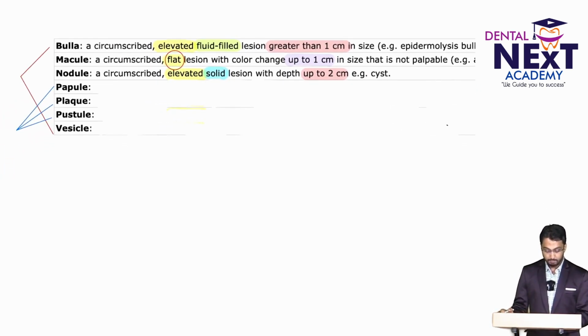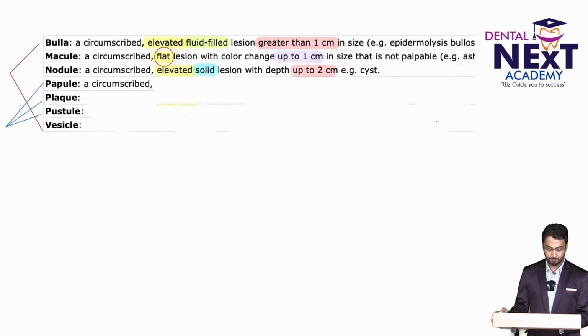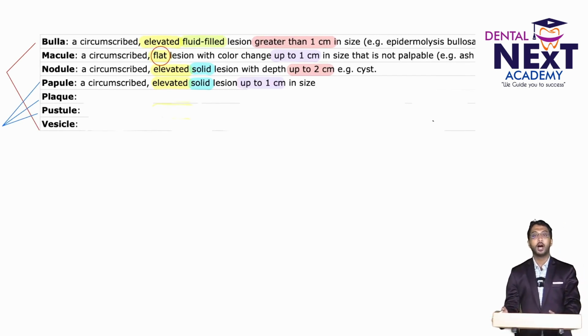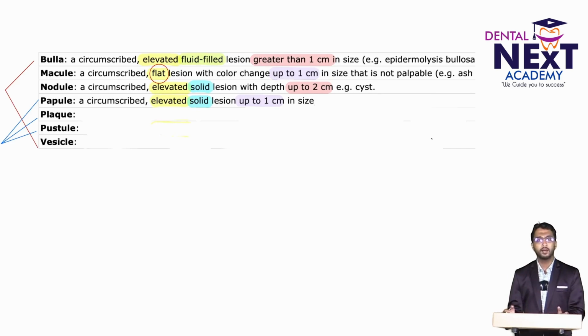Now papule, plaque and pustule are very much related. See the blue arrow marks there. So what is papule? A circumscribed, elevated, solid lesion. What is the difference now? Up to 1 centimeter, it is going to be a papule. Elevated, solid lesion up to 2 centimeters is a nodule.